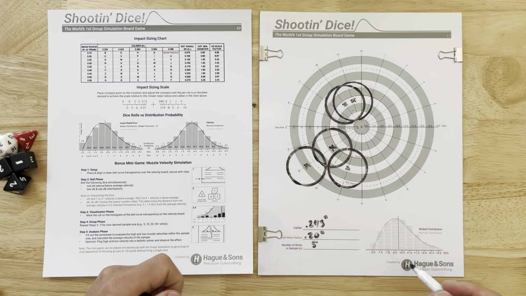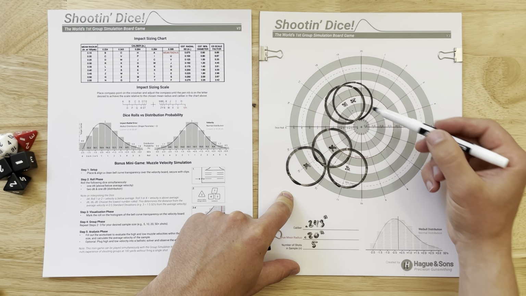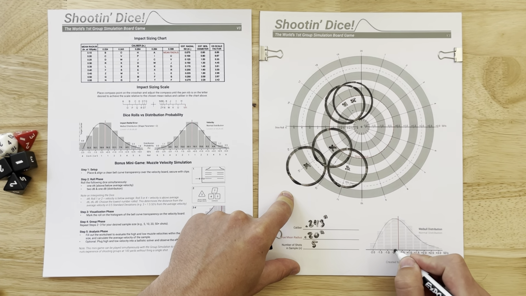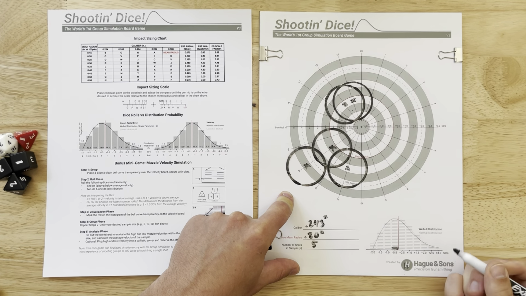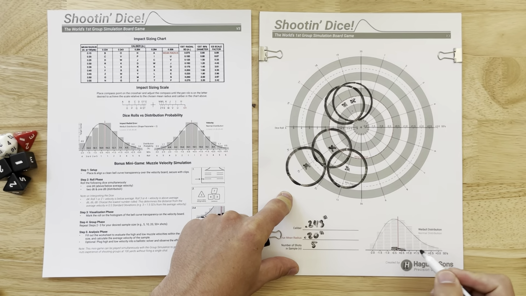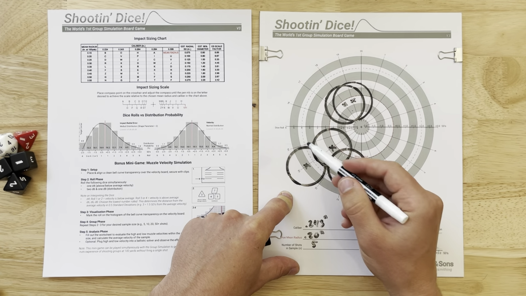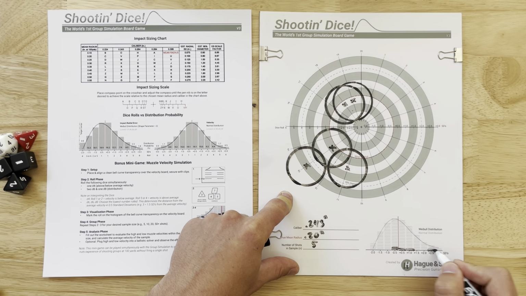And while we're at it, let's fill out this histogram. So we had 2 impacts that were right in the mean radius. Then we had one that was in the first ring, one that was in the second ring, and then one that was at 2.5.